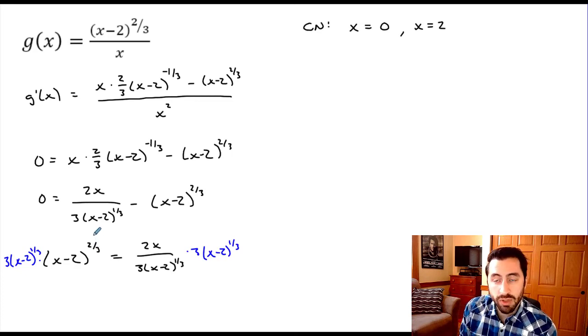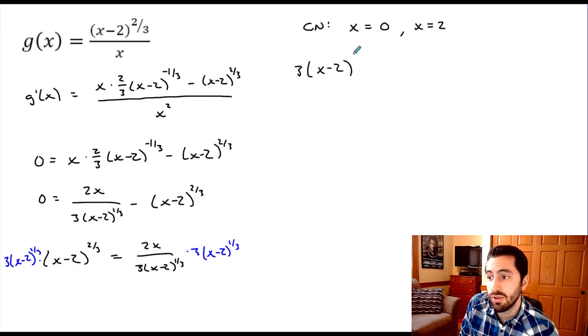So 1/3 plus 2/3 gives me 3 over 3, which simplifies to 1. So the exponent becomes 1, and I just end up with 3 times (x minus 2) to the 1st. And on the other side of the equal sign, we have our 2x.